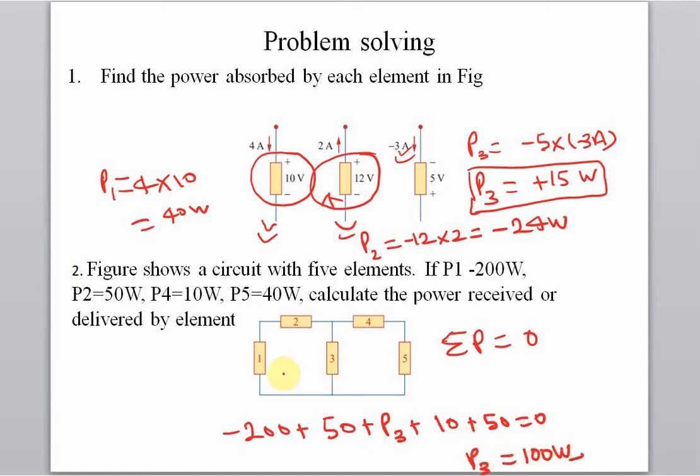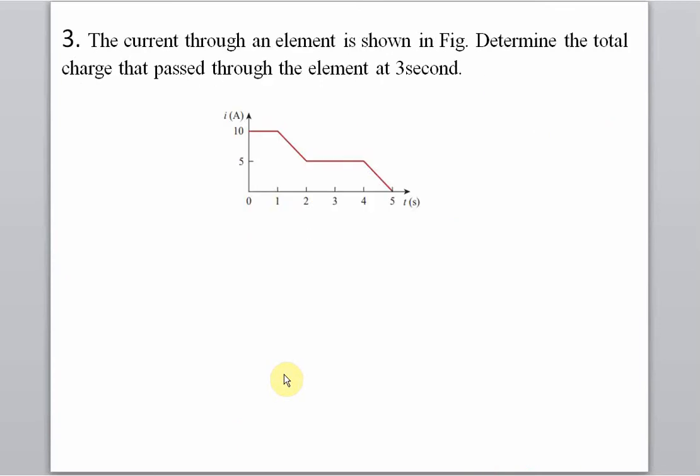Okay, let's go to the next problem. In the next problem, the current through an element is shown in the figure. Determine the total charge that passed through the element at t equals 3 seconds. So we have to find the charge at t equals 3 seconds.